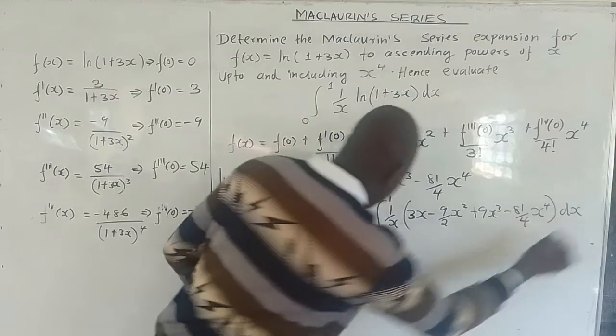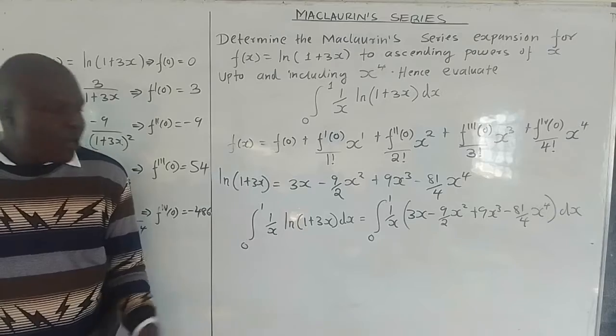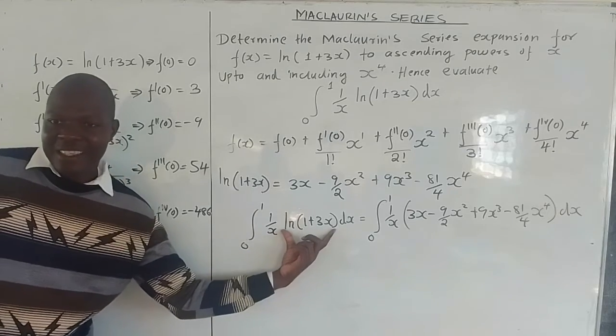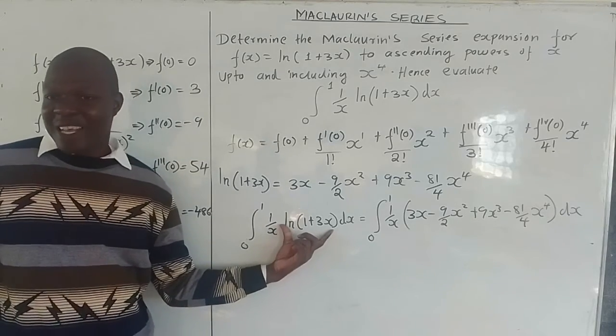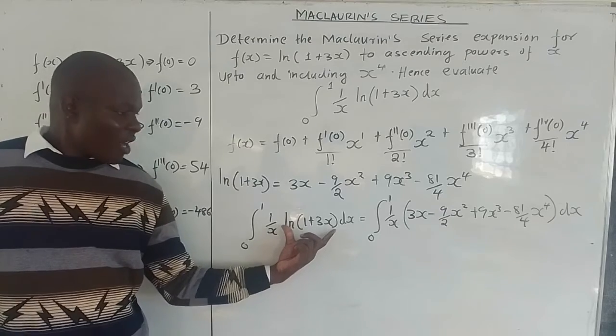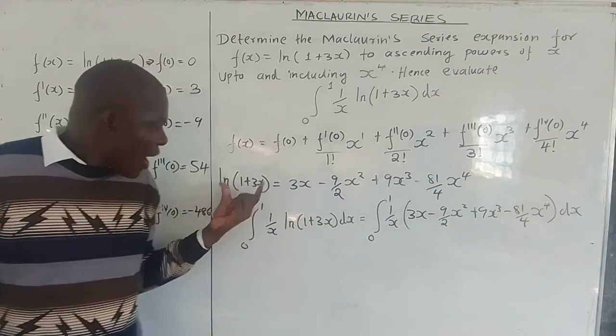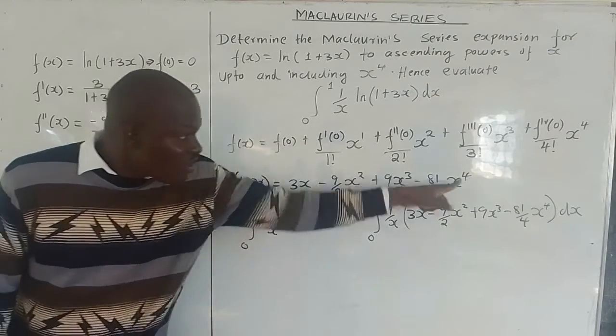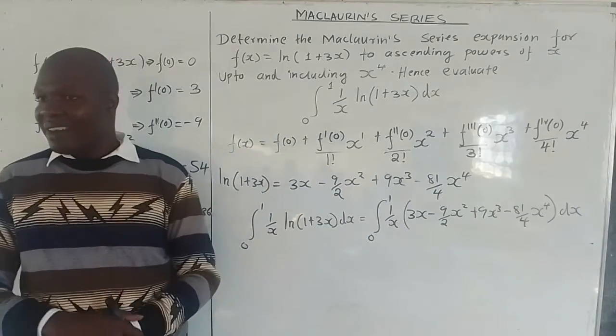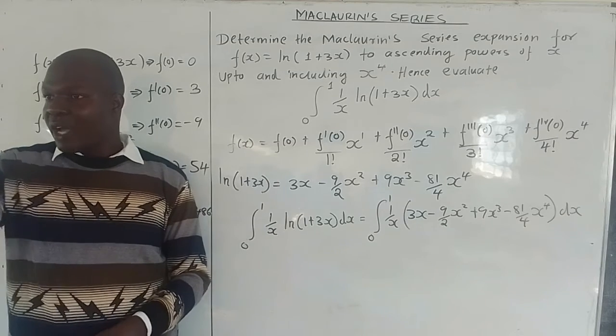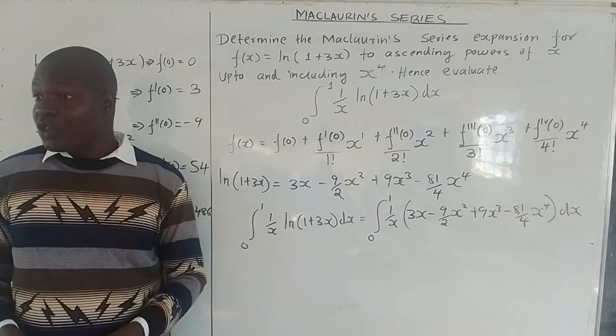You close the bracket, then outside we have the 1 over x. We've only substituted the value of ln of 1 plus 3x. Is that understood? Yes.